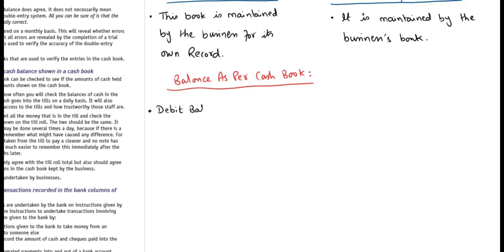And if we have a credit balance, it's an overdraft, or overdrawn, or you can say an unfavorable balance.